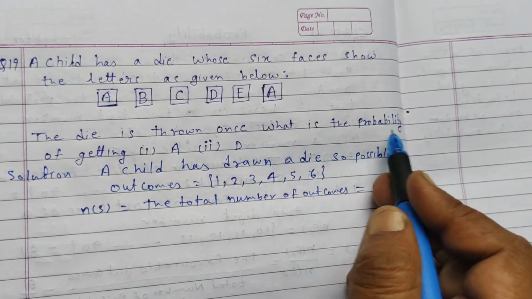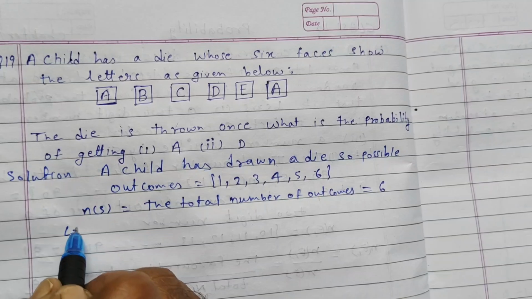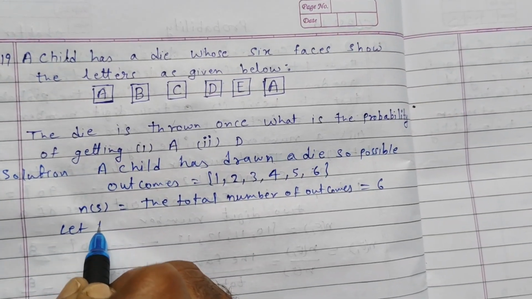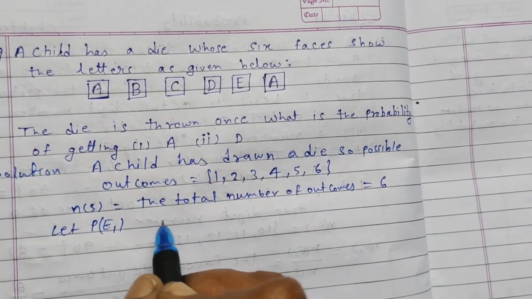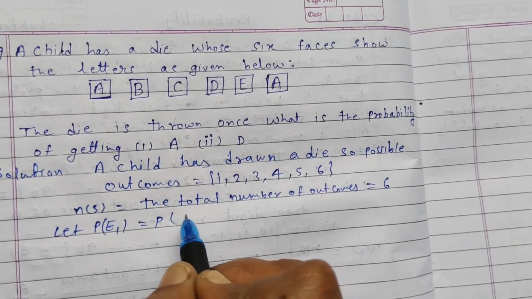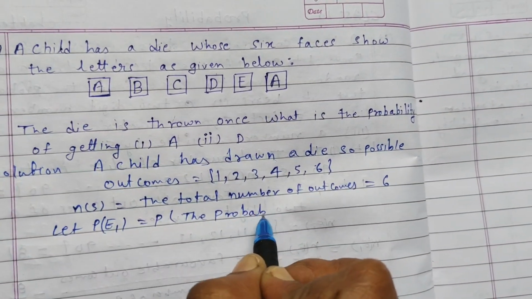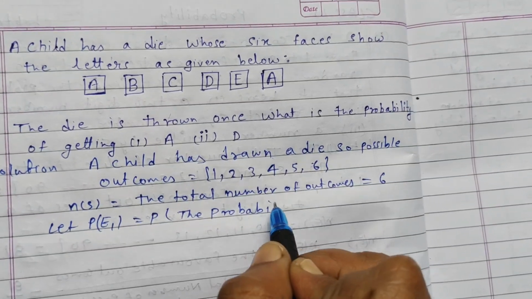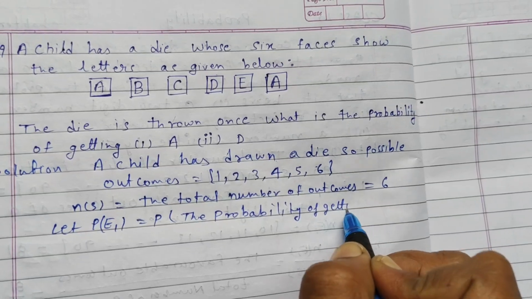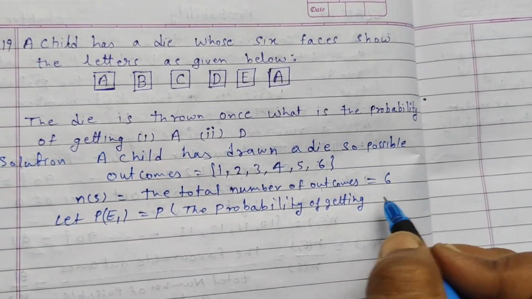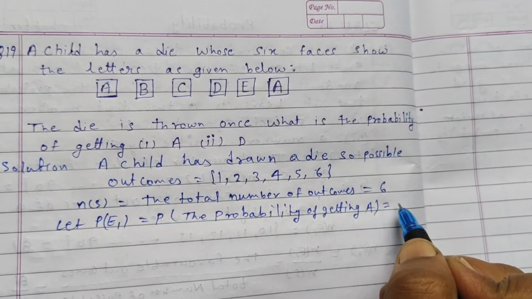Here a die is thrown, what is the probability of getting A? So we are going to find the probability of A. Let PE1 be the probability of getting A. So A occurs 2 times.